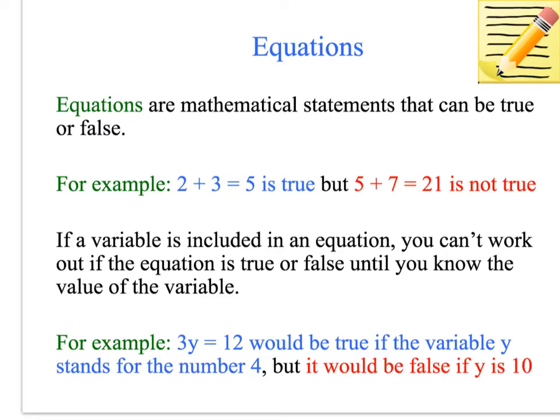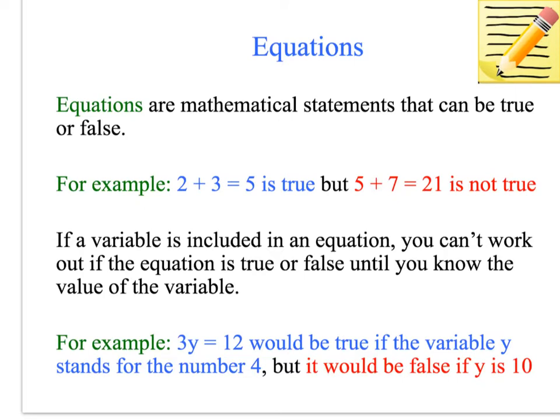But if a variable is included in an equation, you can't work out if the equation is true or false until you know the value of the variable, because it will depend on the number of the variable whether the equation is true or false. So for example, 3y equals 12 would be true if the variable stands for 4, so 3 4s equal 12, but it would be false if y is 10, so 3 10s would equal 30.